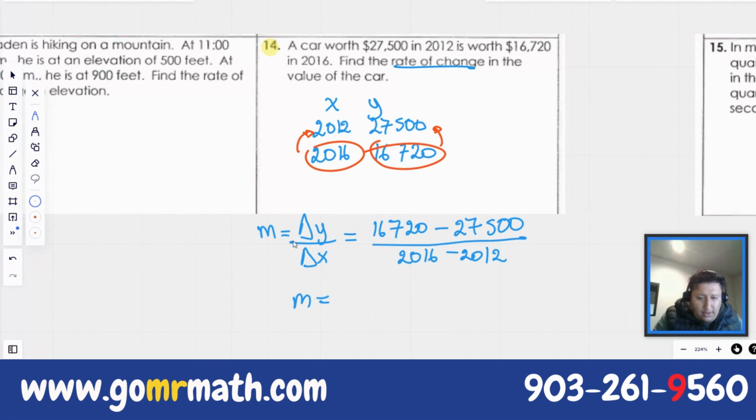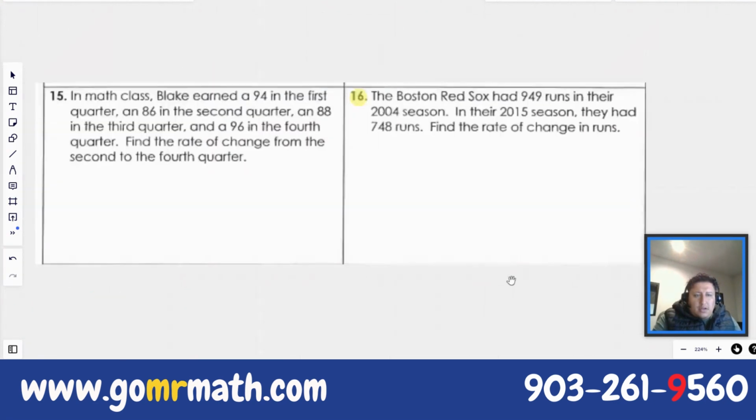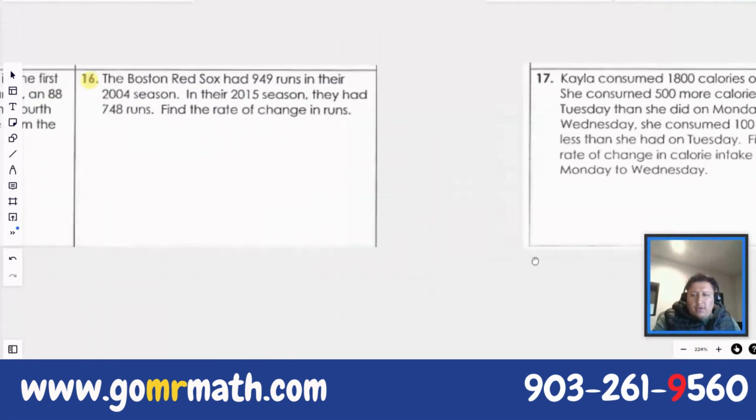So on this 4 years, on average, each year, the rate of change on the price of the car, or the value of the car, is negative $2,695. Okay, perfect. Now let's continue. I think we have two more.